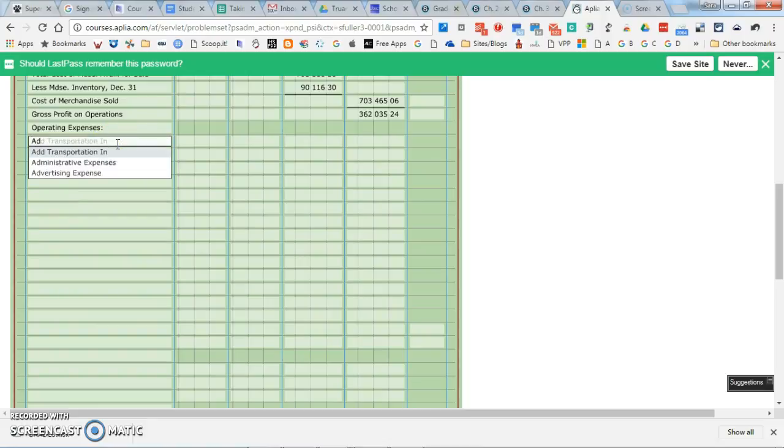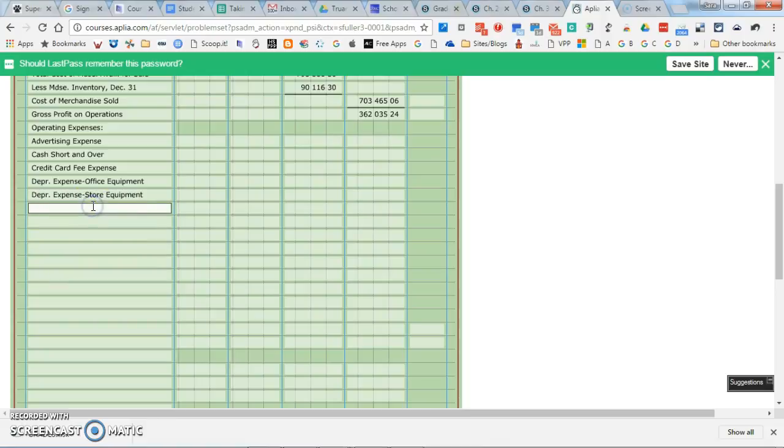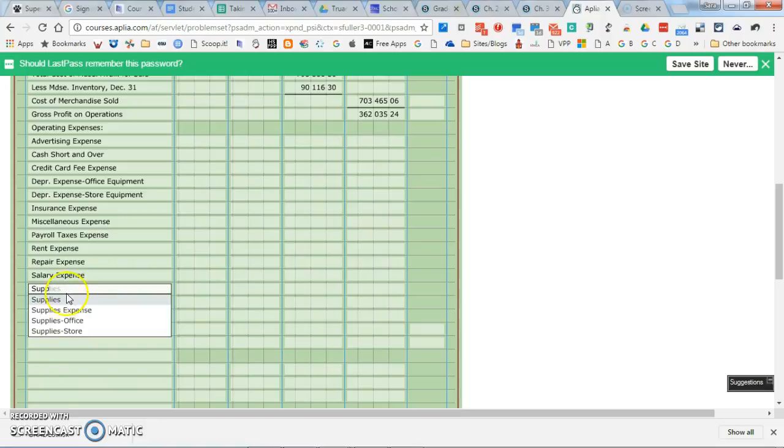So advertising expense, then cash short and over, then credit card fee expense, then depreciation expense office equipment, and depreciation expense store equipment, then insurance expense, miscellaneous expense, payroll taxes expense, rent expense, repair expense, salary expense, supplies expense, uncollectible accounts expense, and our last one is utilities expense.